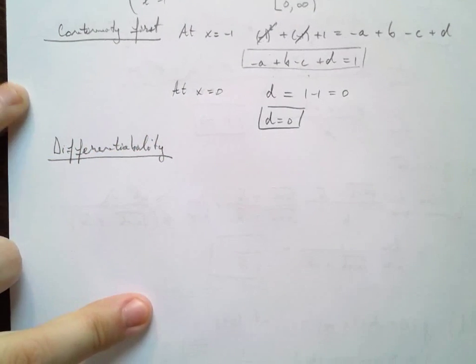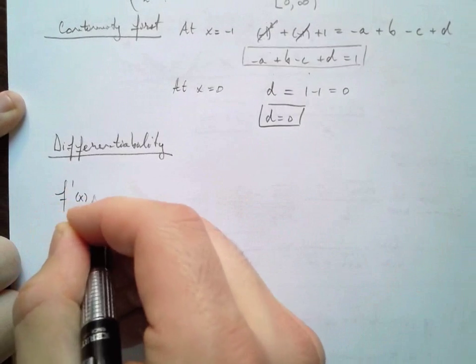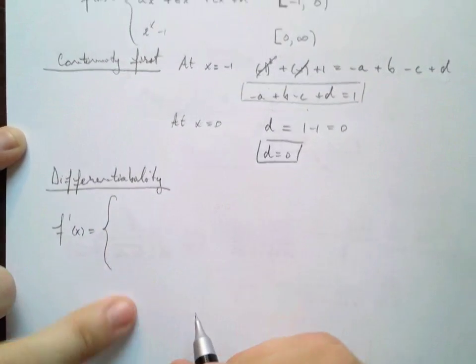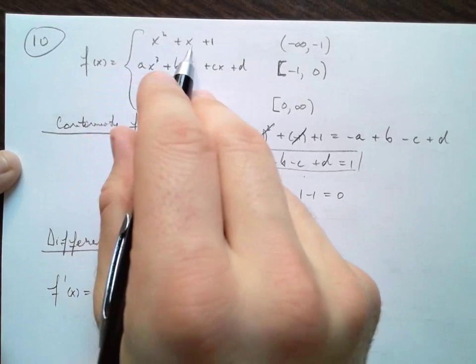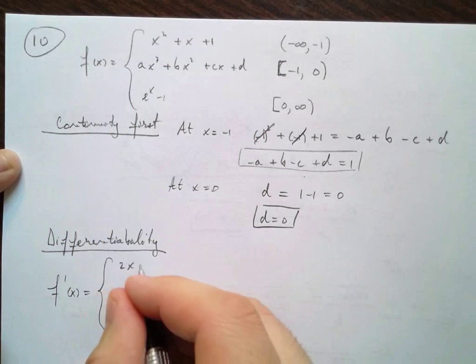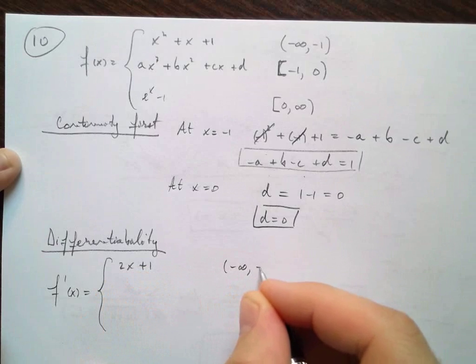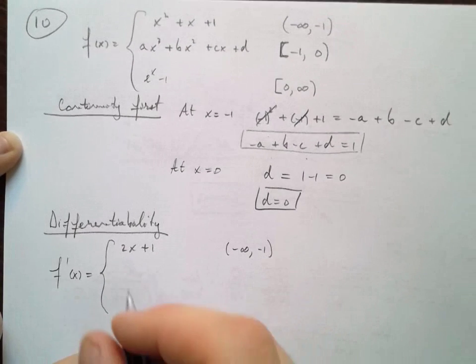And what I'm going to do is I'll take the derivative of each branch of the function and create the piecewise derivative, right? So for the top I have 2x plus 1 for the derivative of the top, and that's on the interval minus infinity to minus 1. And I'm going to make it open because I don't know yet that I have differentiability at minus 1.